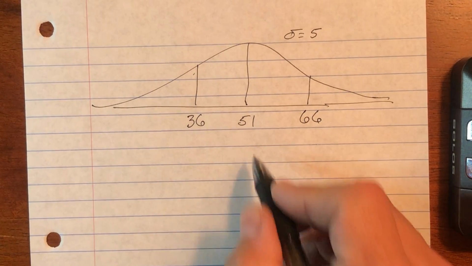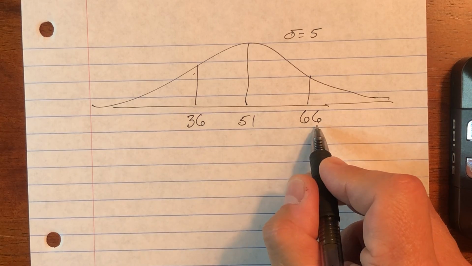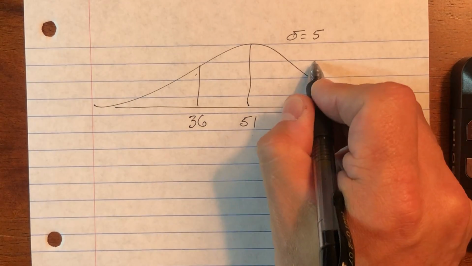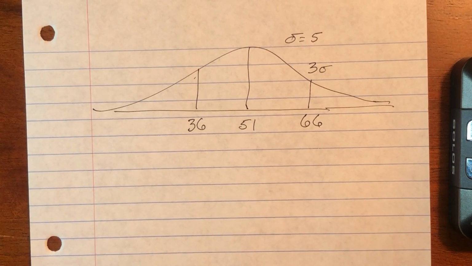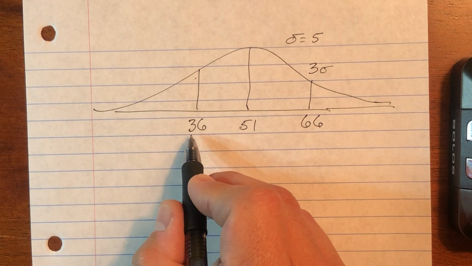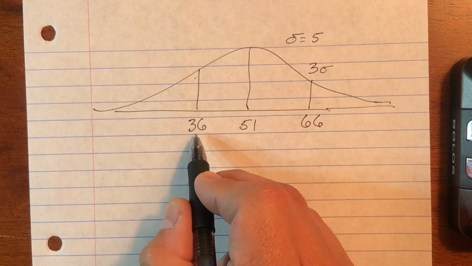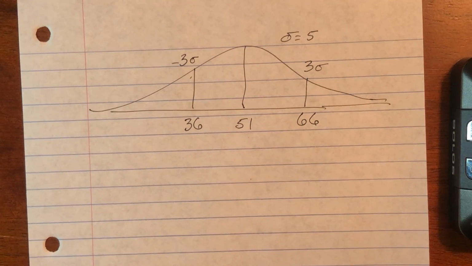So how many standard deviations to the right are we going? From 51 to 66, that's 15. So if the standard deviation is 5, that means we've gone 3 standard deviations in this direction. And if we go to 36, that means 51 minus 15 is 36. So we've gone negative 3 standard deviations in this direction.